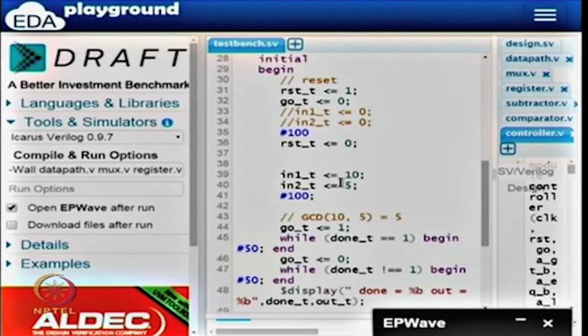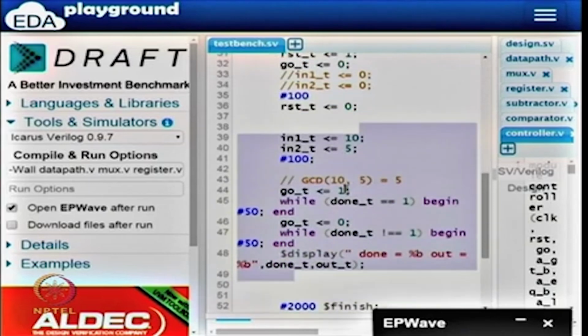So, what I will do is I will copy from here with a new set of inputs.